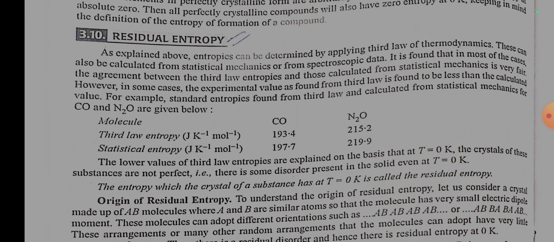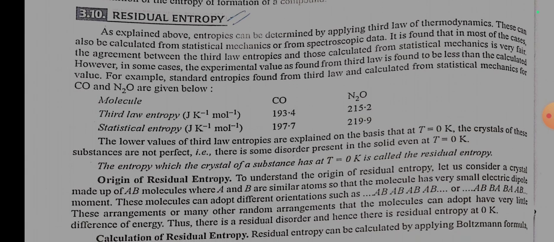As explained above, entropies can be determined by applying the third law of thermodynamics. These can also be calculated from statistical mechanics or from spectroscopic data. It is found that in most cases, the agreement between the third law entropies and those calculated from statistical mechanics is very fair. However, in some cases, the experimental value as found from the third law is less than the calculated value.